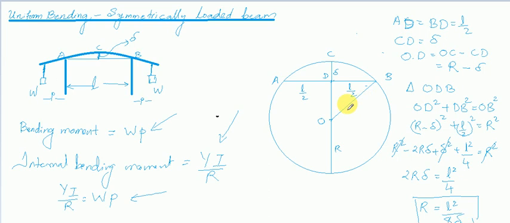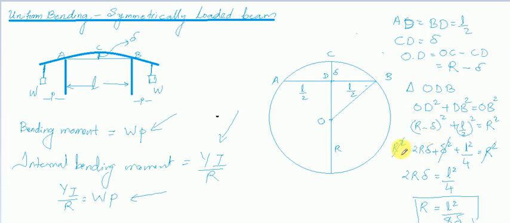Now in the triangle ODB, we can apply Pythagoras theorem: OD square plus DB square equal to OB square. Now OD is R minus delta. What is DB? That is L by 2. So (R minus delta) whole square plus (L by 2) whole square equal to R square.